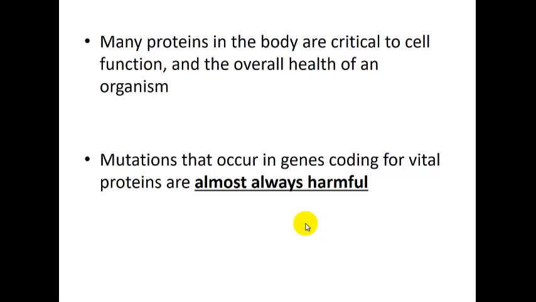So the next thing to recognize is that proteins in the body are sort of like organs and limbs and body structures in our own bodies. Some proteins are critical. Think of a protein like your heart.